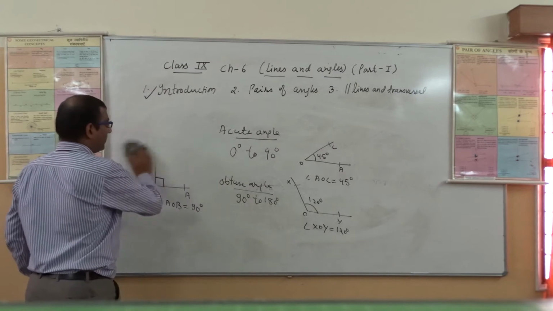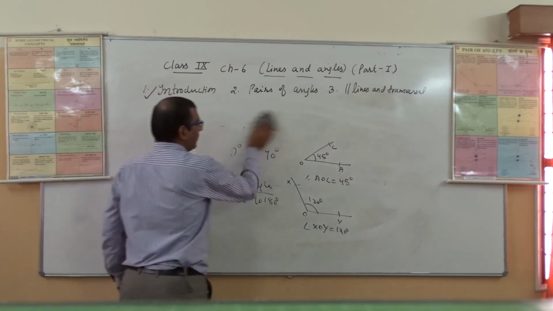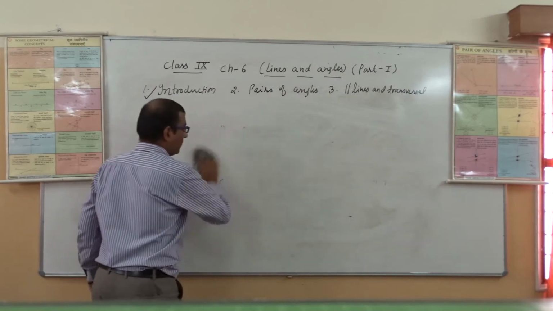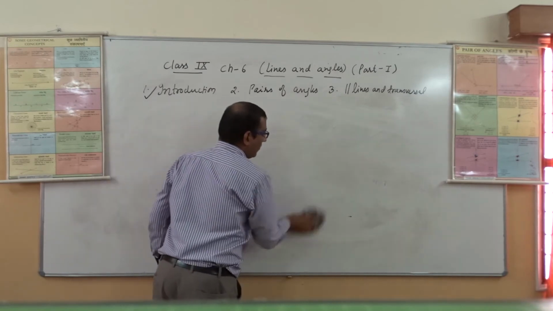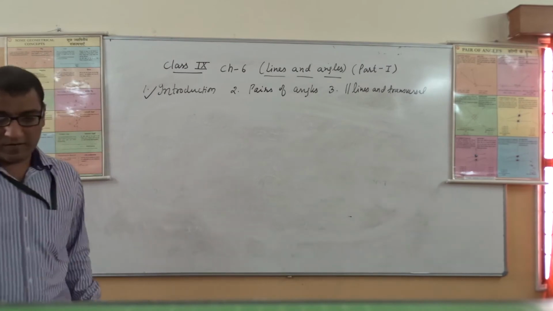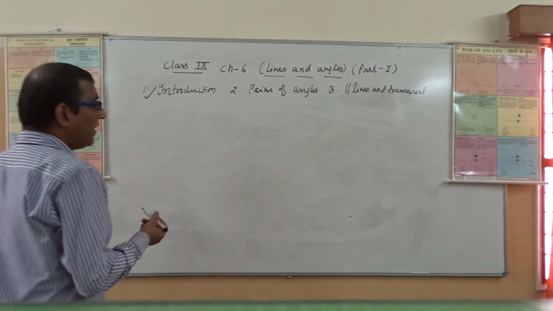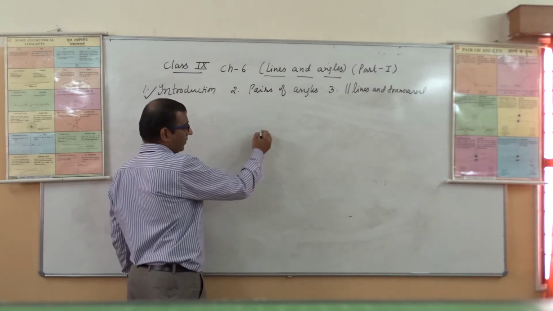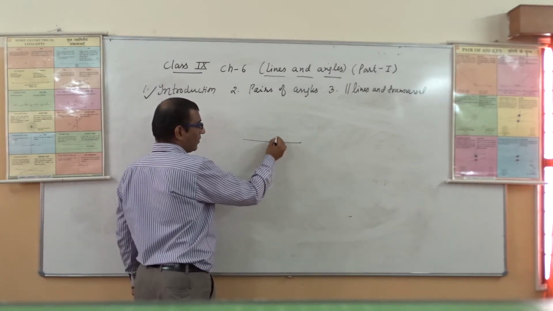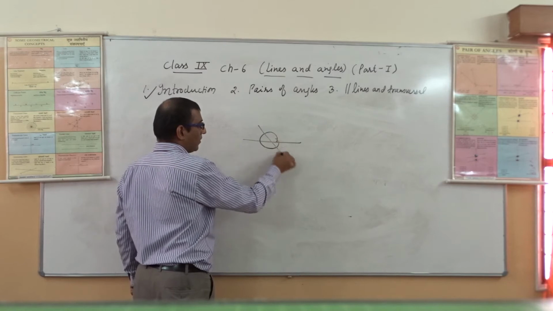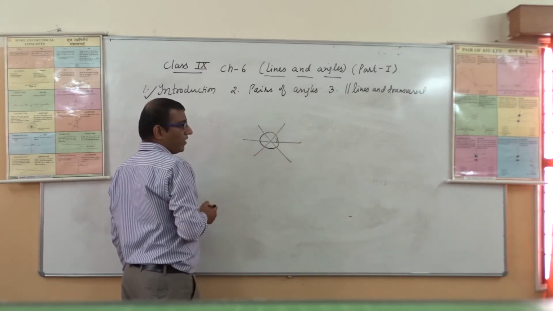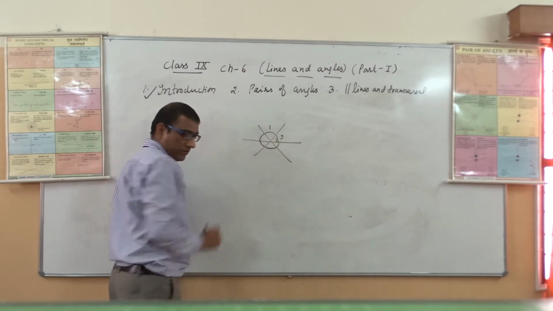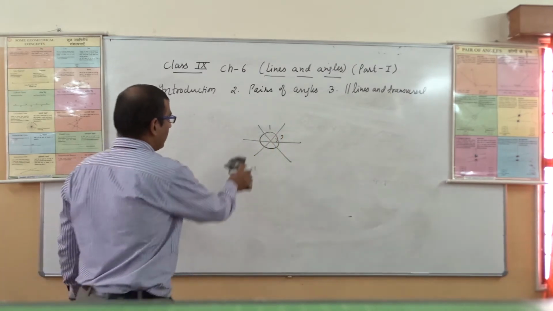After this, we come to a complete angle. What is the meaning of complete angle? If these two lines are intersecting each other, this is angle 1, or it is better we change the diagram.